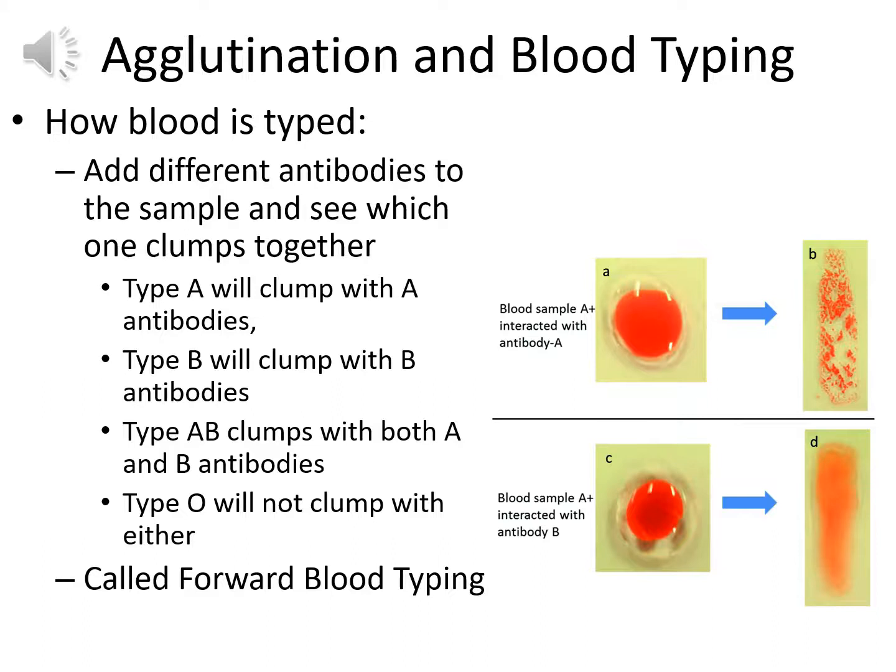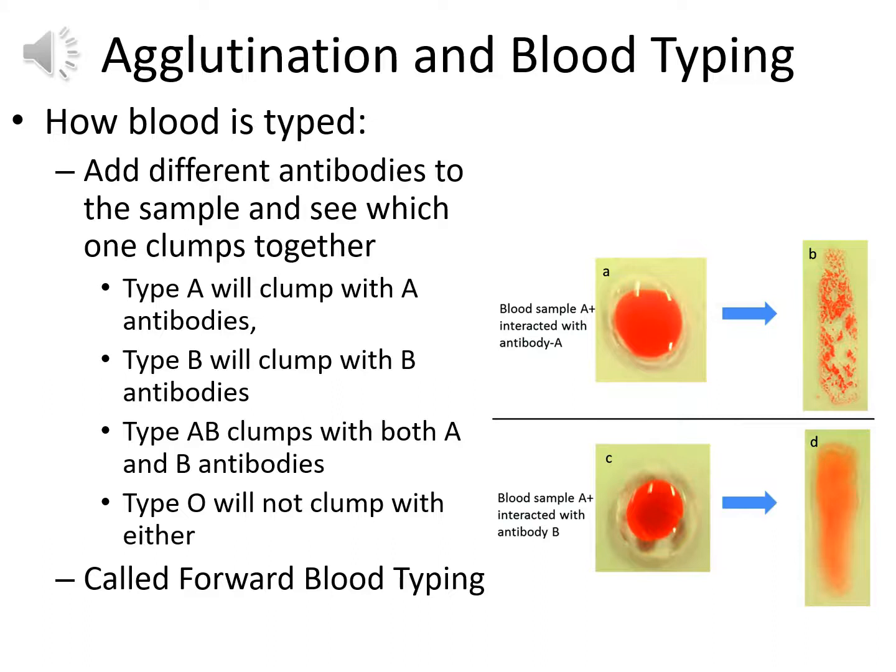So if we saw agglutination with A antibodies and with B antibodies, then the person is type AB. If we saw agglutination with only one and not the other, then whichever antibody gave agglutination would identify the blood type. If we don't see agglutination with either the A or the B antibodies, then we must have a type O individual.